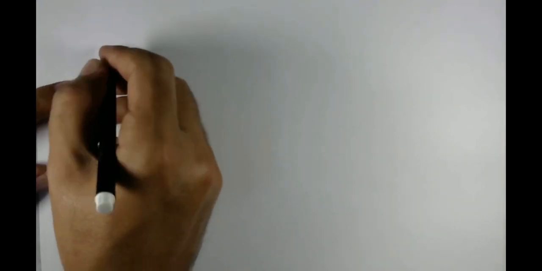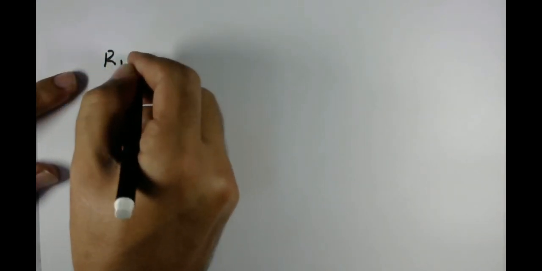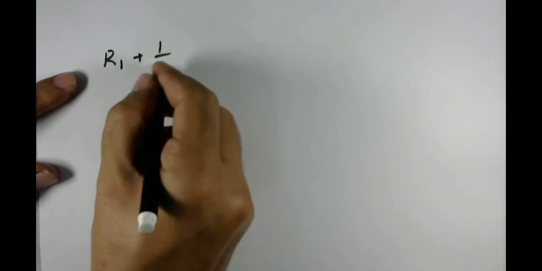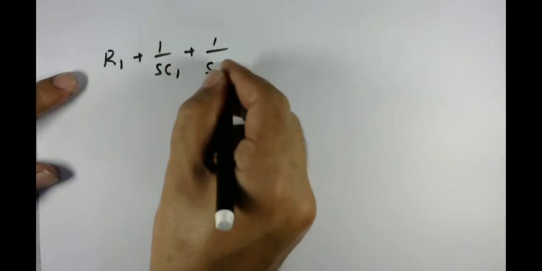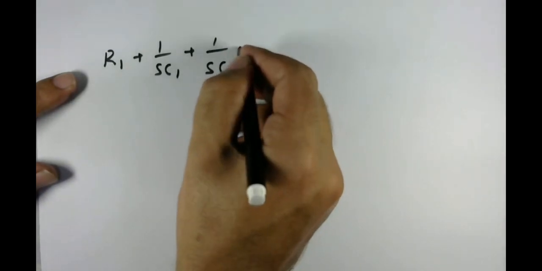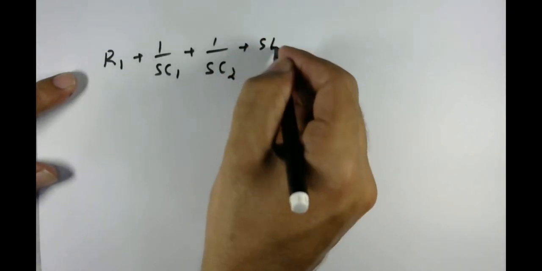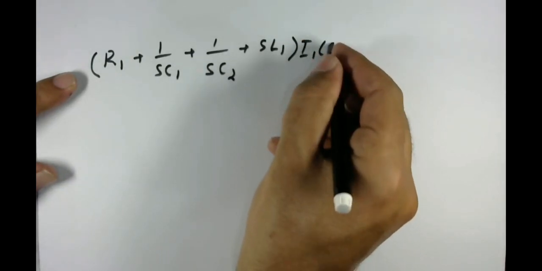I'll apply mesh analysis and find the final two equations. We start with the loop: R1, the reactance of C1, the reactance of C2, and the reactance of L1. This whole sum will be multiplied with I1 of S.